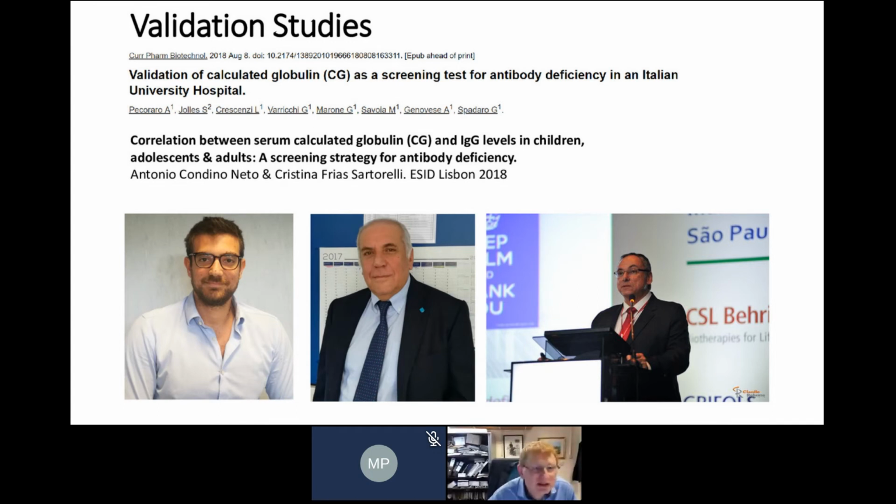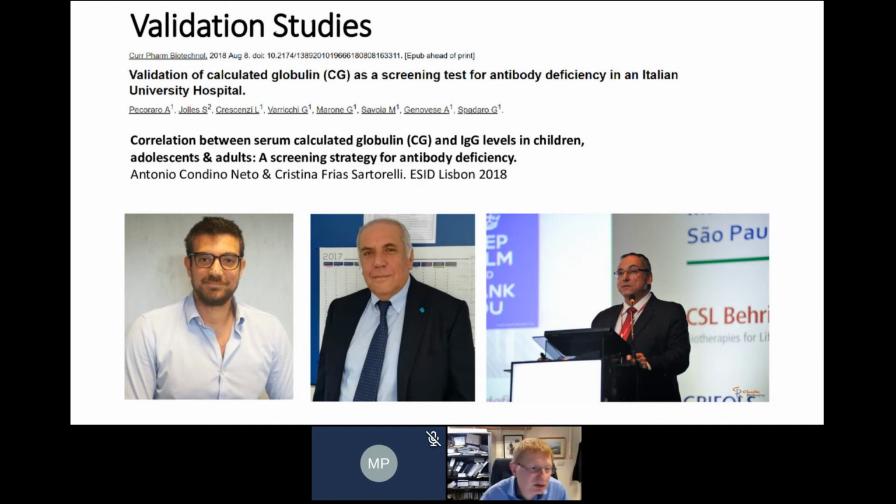And from the center in Naples in Italy, they undertook a validation process, found the cutoff that we had found was actually very, very close to the one in Wales, and they then went on to retrospectively look at their CVID cohort and ask the question, if we had been using calculated globulin, would we have picked up these cases perhaps even before they were actually formally sent in?